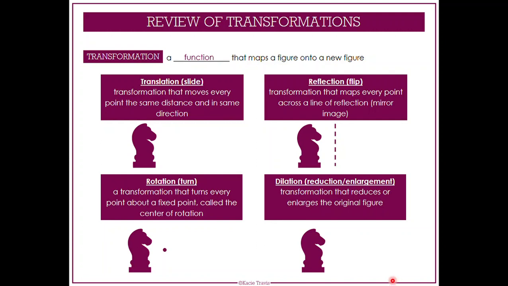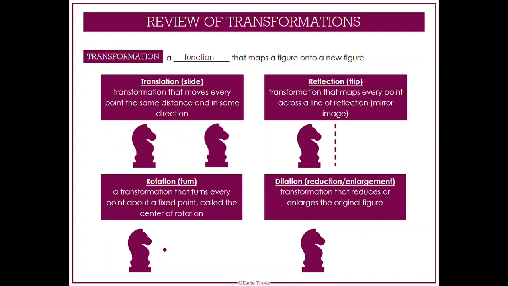So, first one that we got on deck is a translation. A translation is a transformation that moves every point on a shape in the same direction and with the same distance. So here's our chess piece here. We got a knight. This knight is going to be sliding essentially.